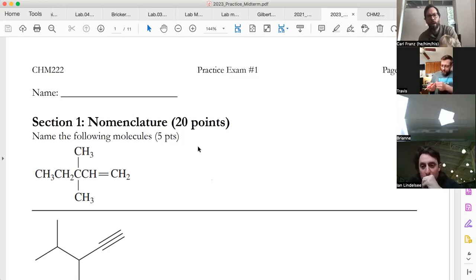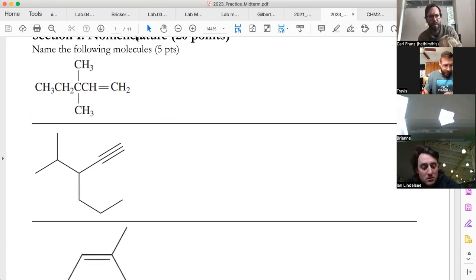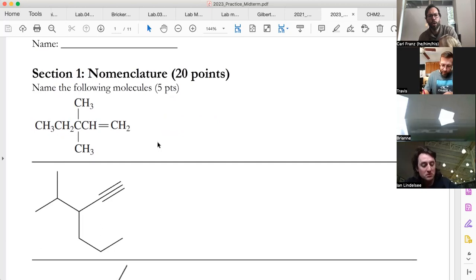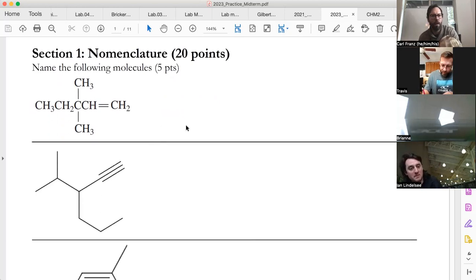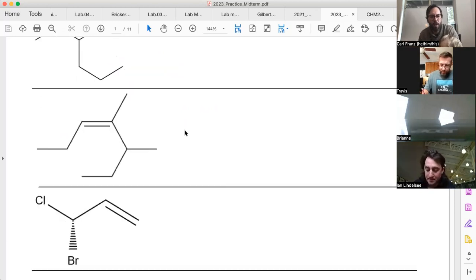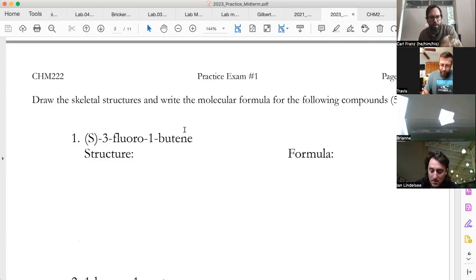Hopefully, I'm going to try to put this kiddo down for a nap in between now and lab, so we can do these questions as well if you want. But I feel like these are pretty straightforward. If you have the answer key, you should be able to figure out where that came from in terms of nomenclature.